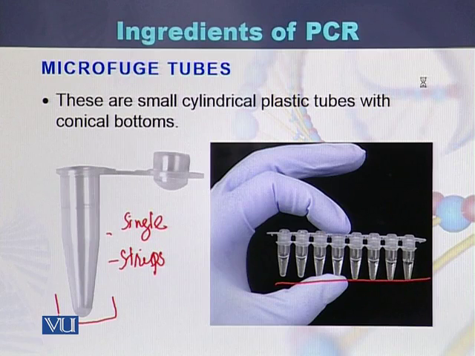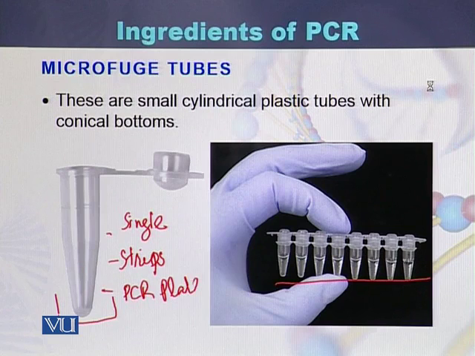So a PCR tube can be in the form of a single tube, a strip, or a PCR plate. In a PCR plate, there are 96 tubes joined with each other in the form of a plate. So microfuge tubes are the tubes in which the PCR reaction is performed.